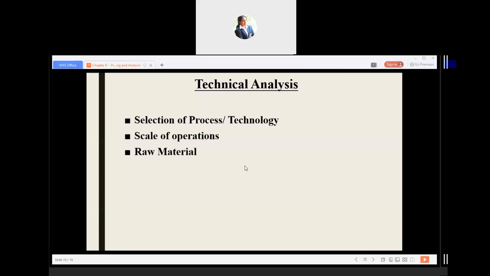And this happens because the manufacturing process and the machinery requirement to be used also to a larger extent depend upon the raw material.